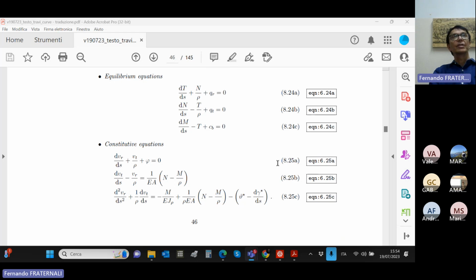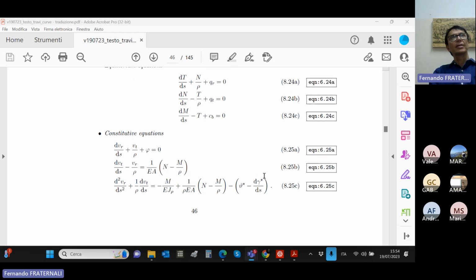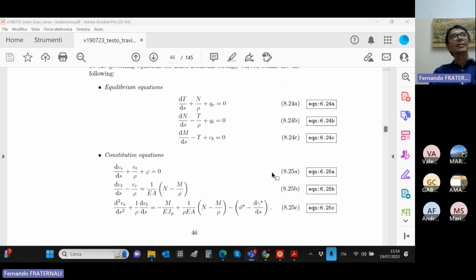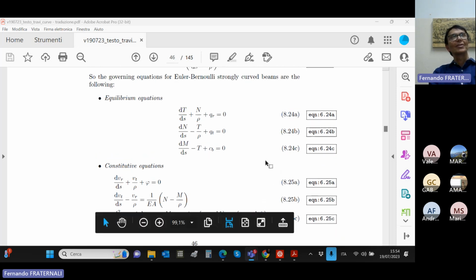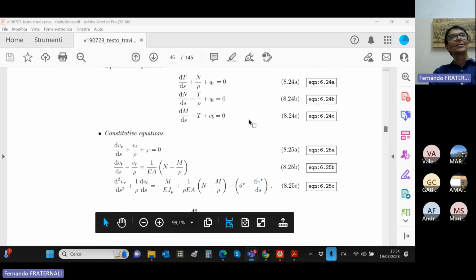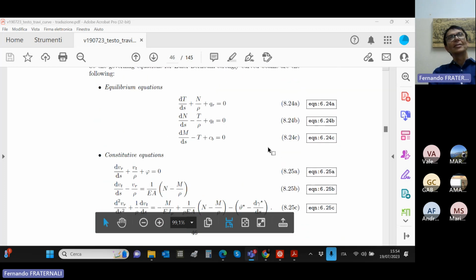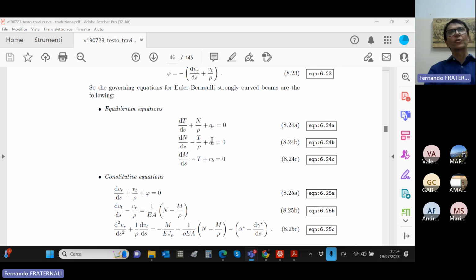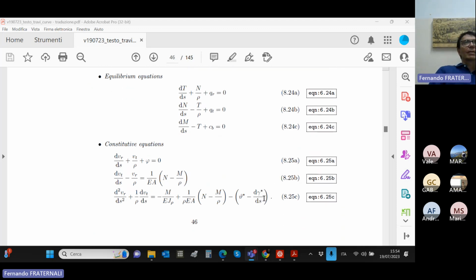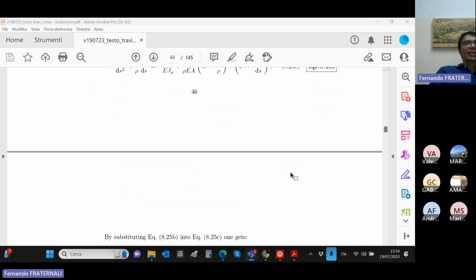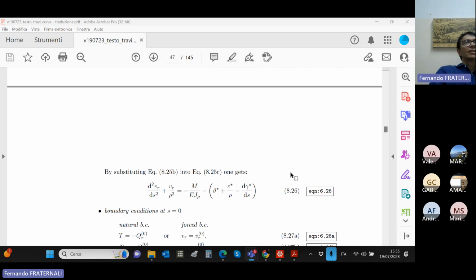No, there is also gamma star here. But here, if we have a gamma star, we should not be able. Okay, there is a contradiction between formulas, but let us assume that gamma star is zero. Otherwise, we get into troubles.